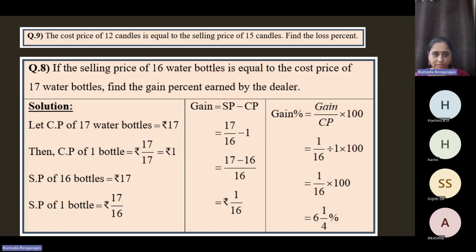You are going to work the 9th one, but you can take help. Similar steps you will have. But in 8, it is gain percent and in 9, it's loss percent. Please try, all of you.